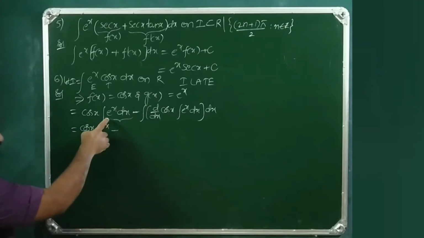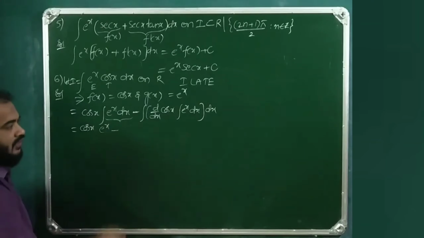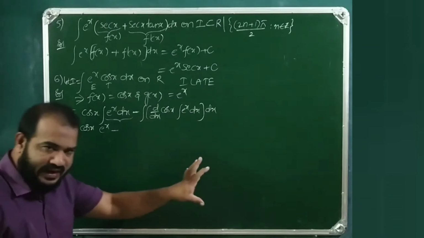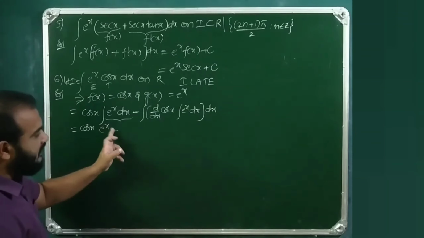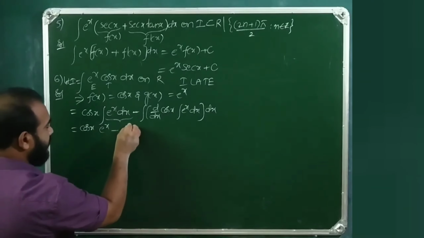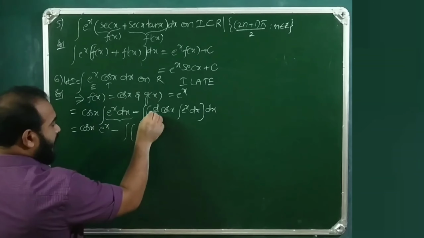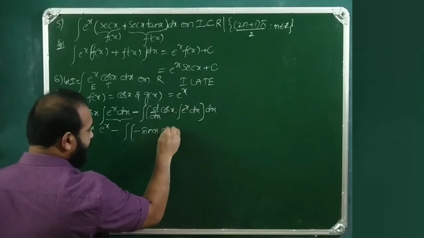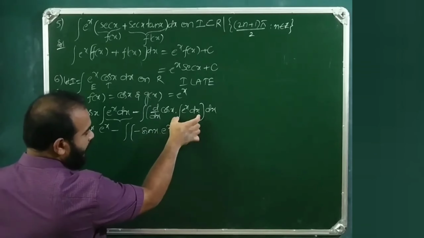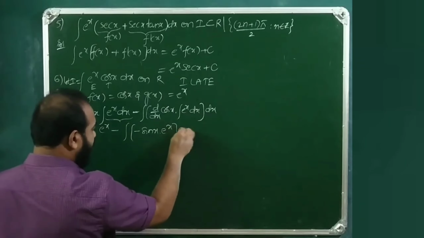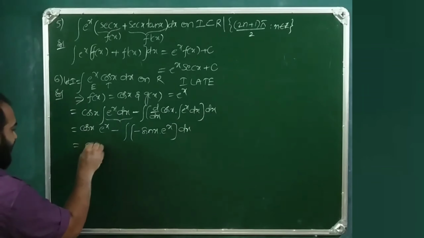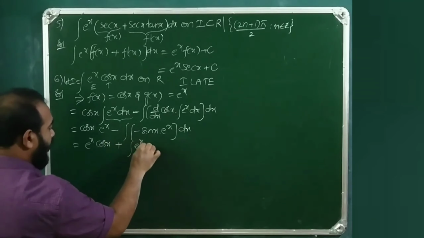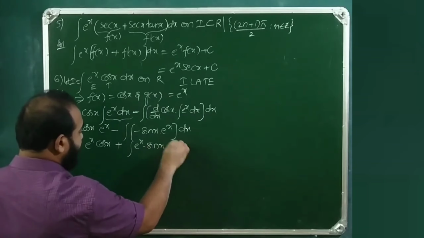The plus c, the constant of integration, will be added at the end of the problem, so no need to add plus c here. Minus integral of d by dx of cos x, which is minus sin x, into integral e power x dx, which is e power x, bracket close dx. This is e power x into cos x, minus into minus plus, integral e power x into sin x dx.